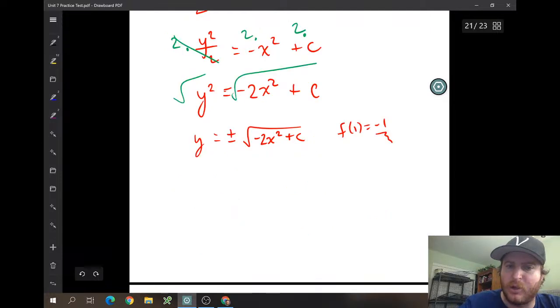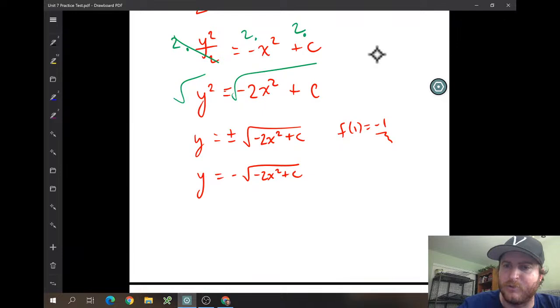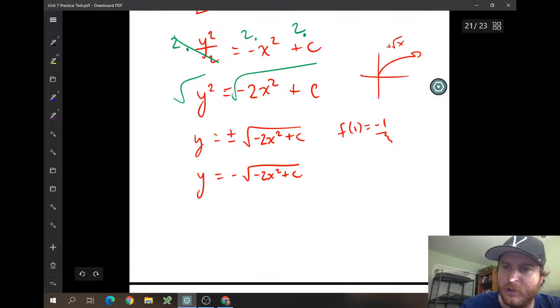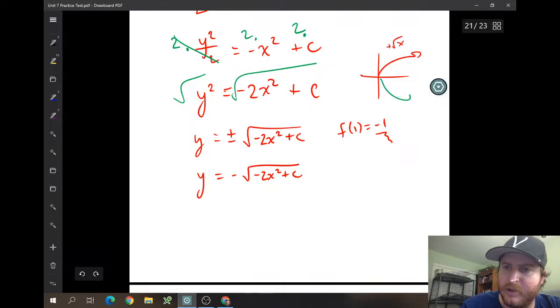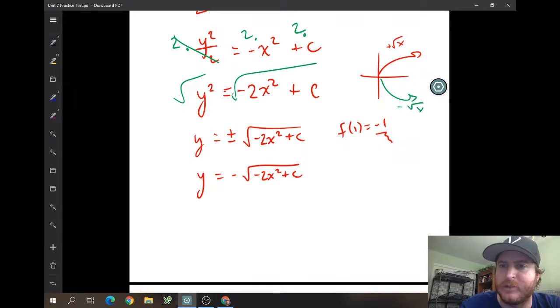So this will be y equals negative square root of negative 2x squared plus c, right? And the reason for that is this is the positive square root side, and this is the negative square root side, and you have to only have one of them. Otherwise, it wouldn't pass the vertical line test. It wouldn't be a function. So if your y answer is negative, it matches up with that. If it was positive, it would have matched up with the other side.